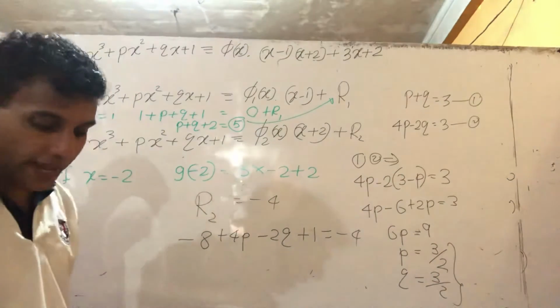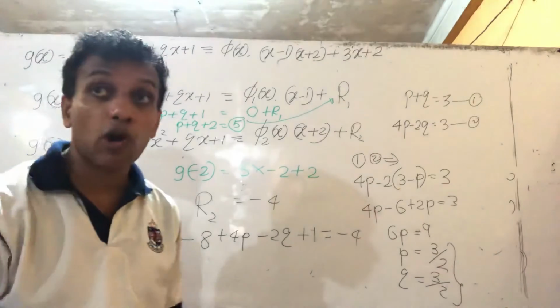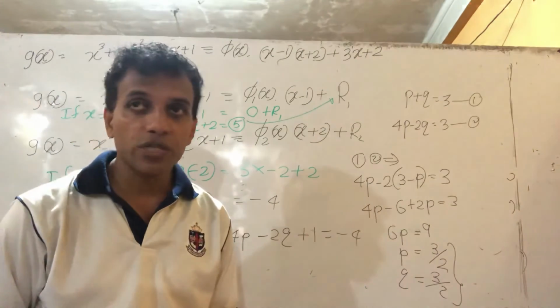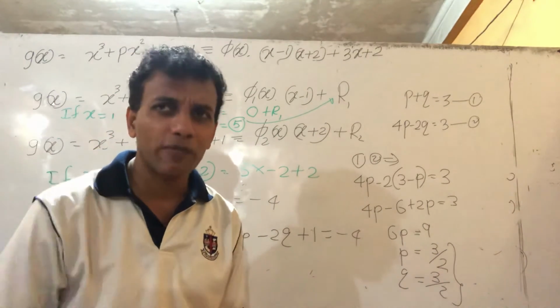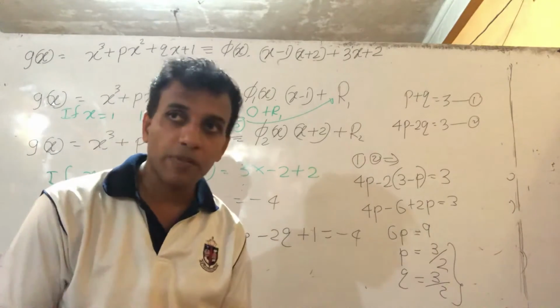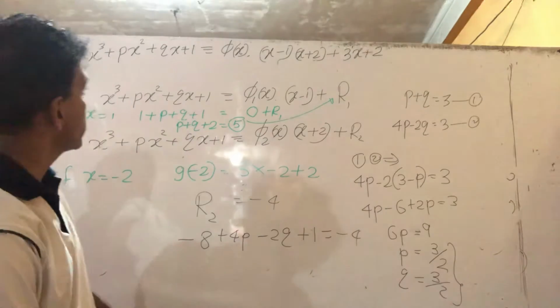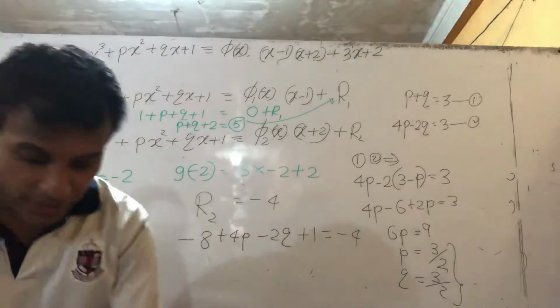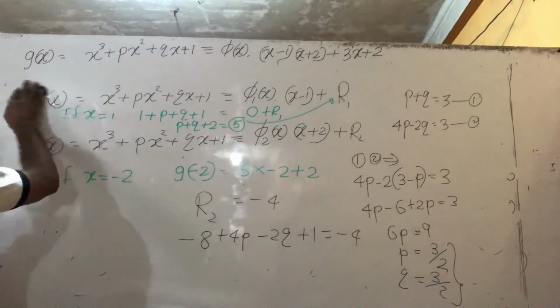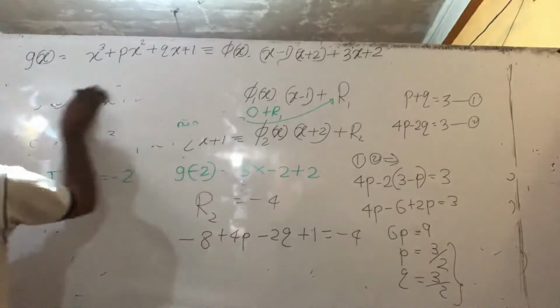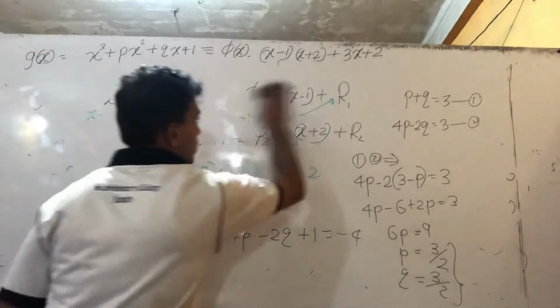And show that x plus 1 is a factor of g(x). A good question, a similar problem comes in all exam papers, provincial papers, school term papers, right? After finding these, what is g(x)? Now write the g(x) after completing the P and Q values.